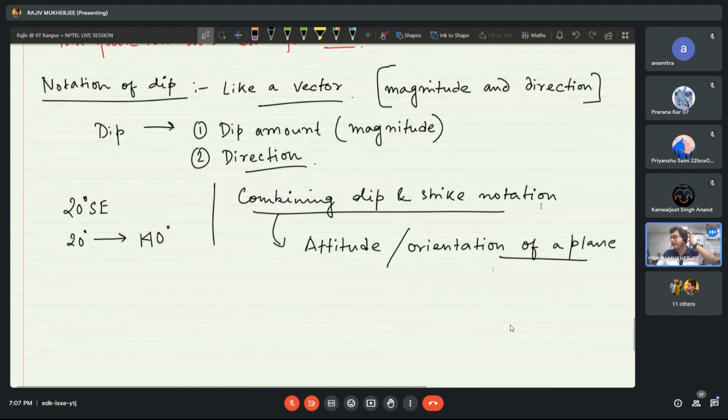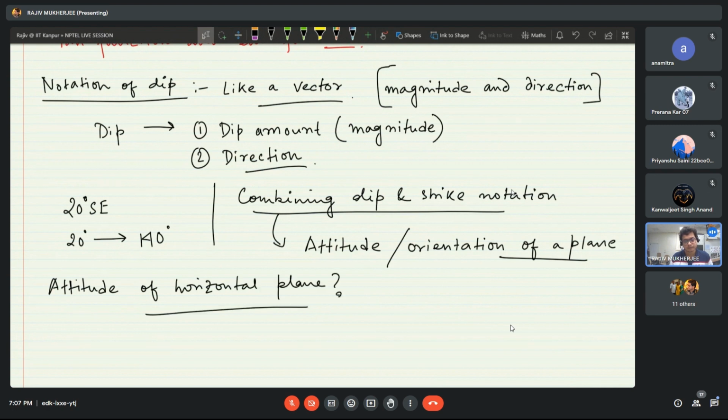What would be the attitude of a horizontal plane? It should be zero because it has neither a direction nor dip amount.